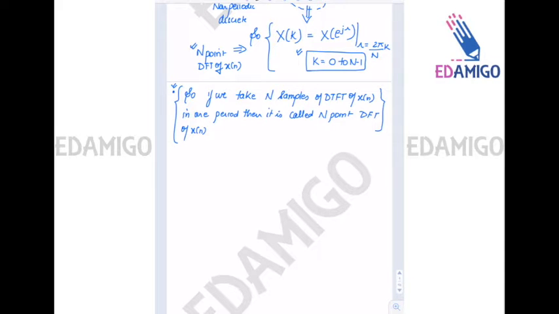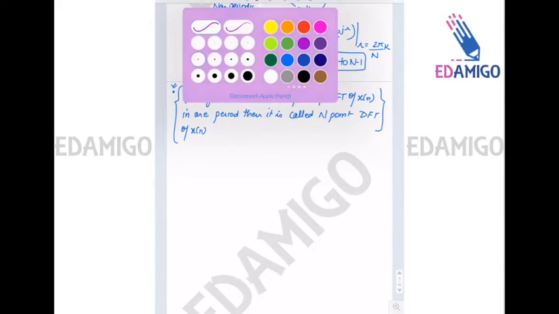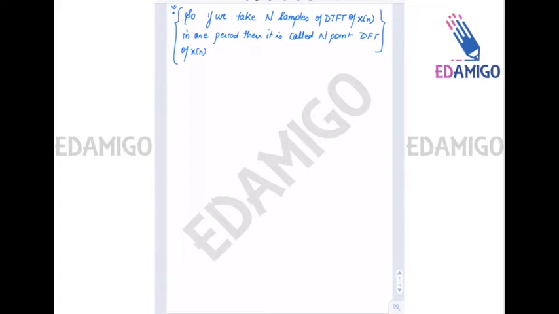Now a very important point. Now we know, how do we do sampling of any signal? By multiplying it with the impulse train. So sampling is done by multiplying the signal with the impulse train.